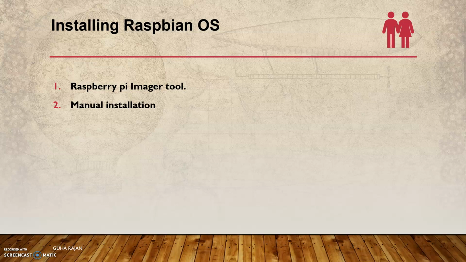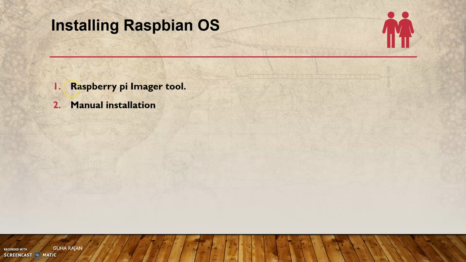The other option, this is the older option, manual installation. In the manual installation, you need to download the image, and then through the disk writer software, you need to write the image into the micro SD. So this is a manual installation.